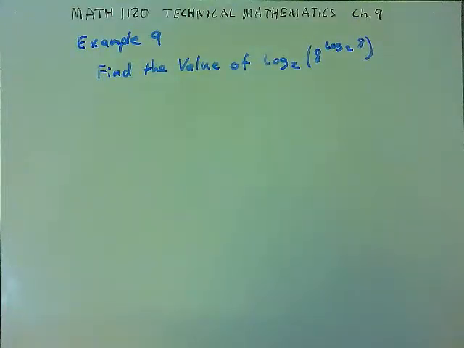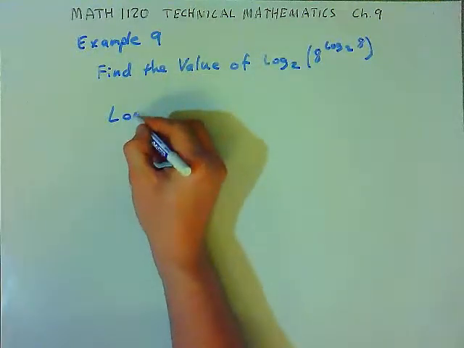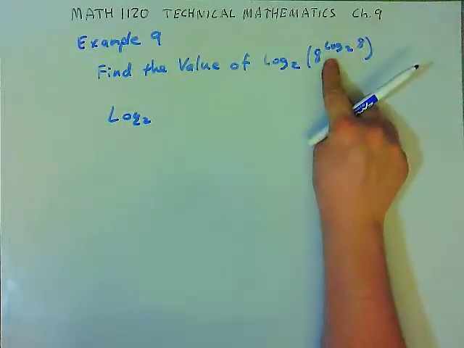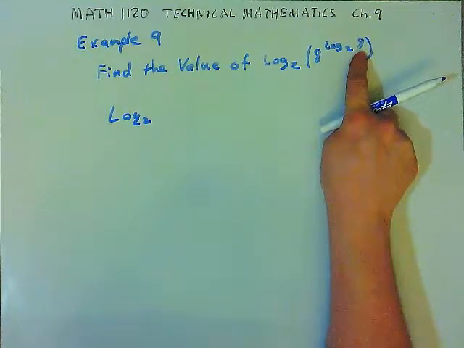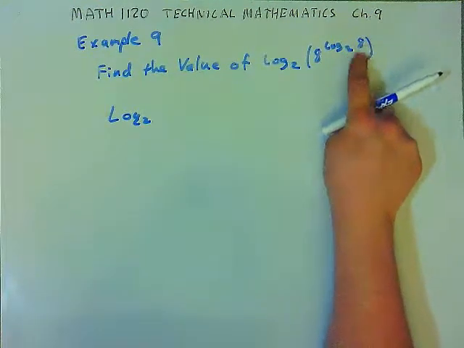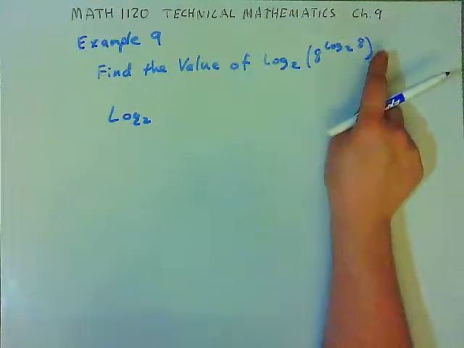Example 9 says find the value of log base 2 of 8 to the power of log base 2 of 8. And so we want to, again, recognize that 8 is a power of 2. And so if we can rewrite this 8 as 2 to some power, this log base 2 and that 2 to some power will cancel and we'll be left with the exponent.